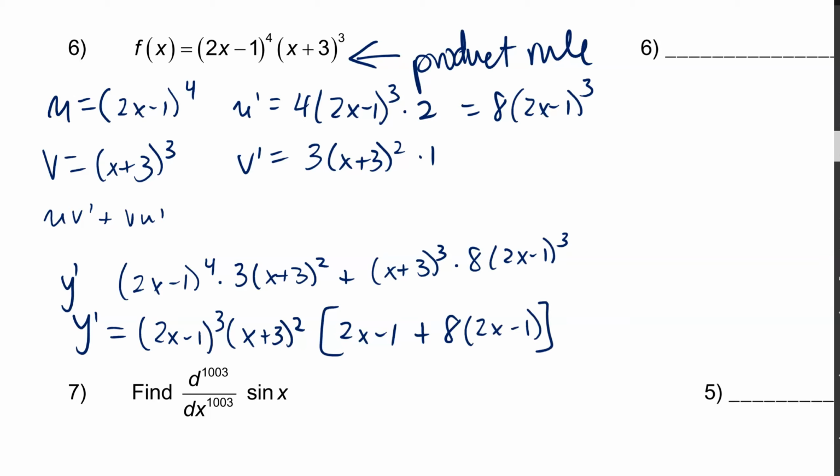In front of the x plus 3 squared. Oh, sorry. This should be plus 3. Times 3. 2x minus 1 times 3 plus 8 times x plus 3. Yeah.